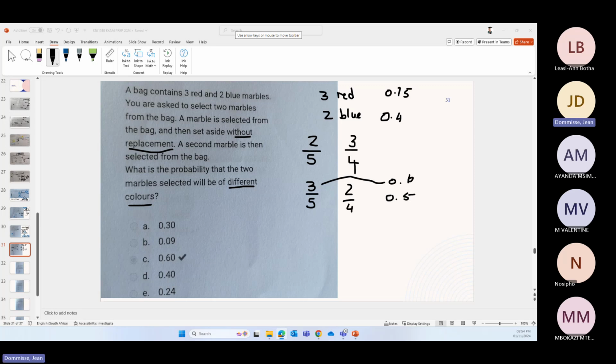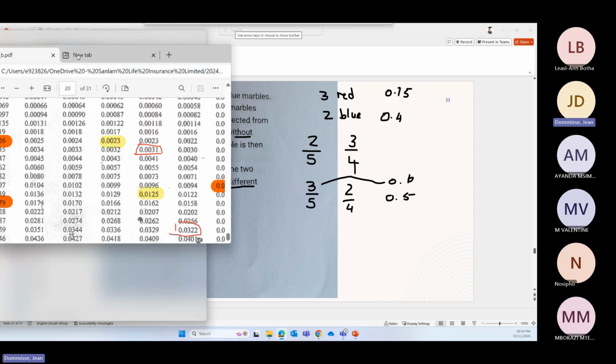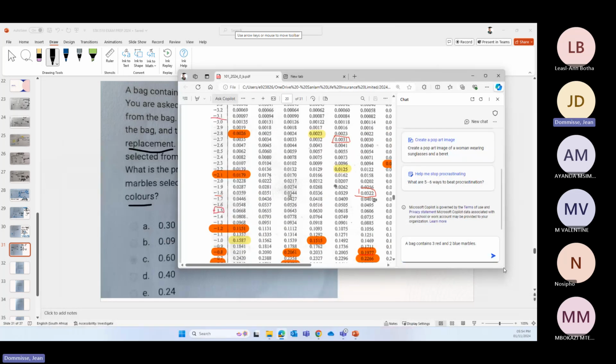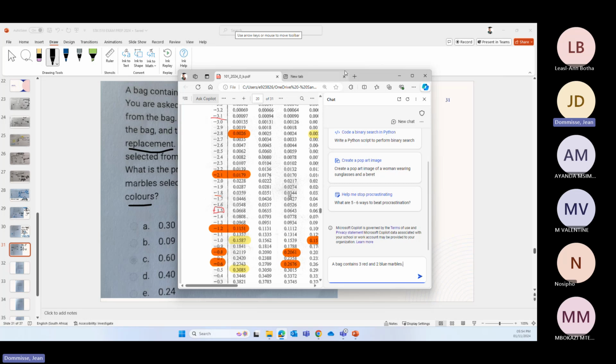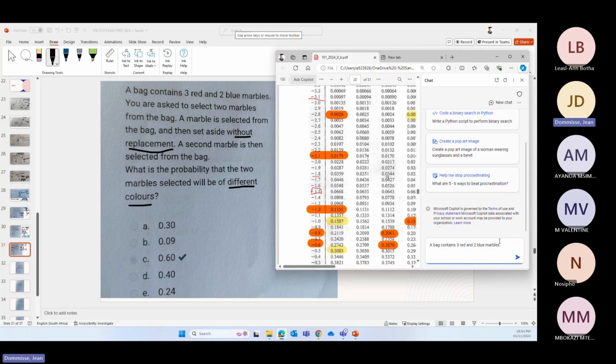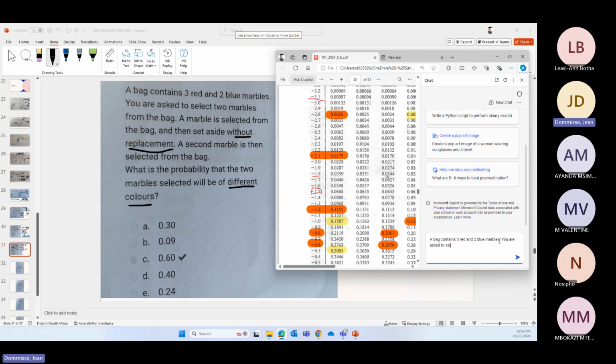Now this is quite, that contains 3 red and 2 blue marbles. So let me show you, I'm typing it into Copilot. I probably should not show you guys Copilot, but that is fine. One can use ChatGPT as well. You are asked to select 2 marbles.